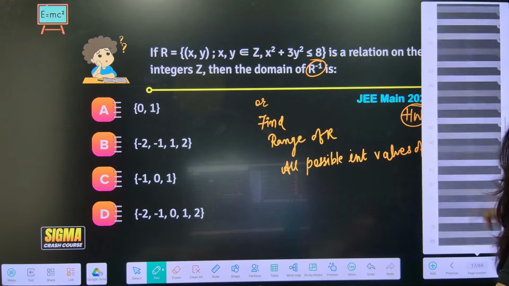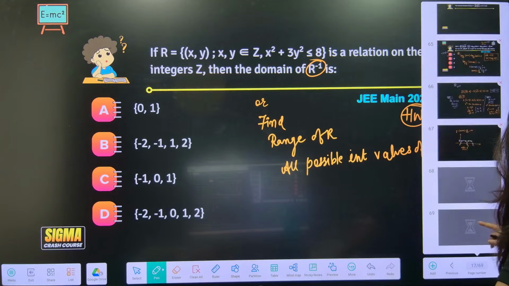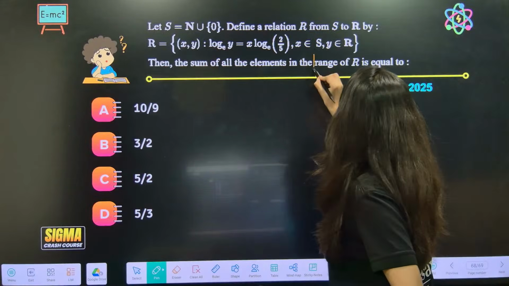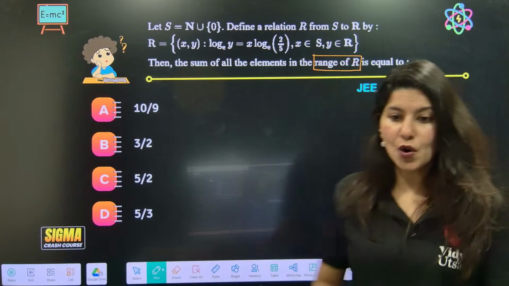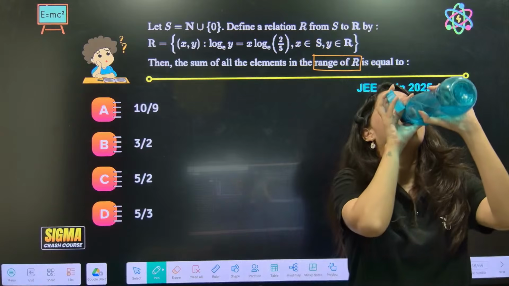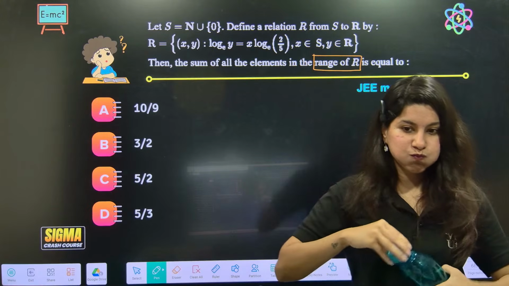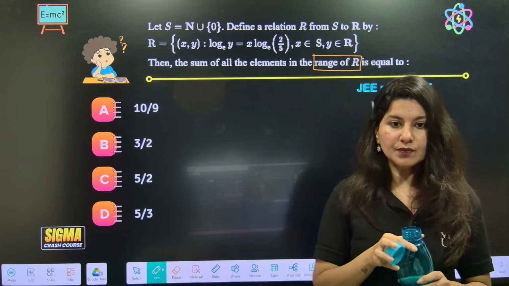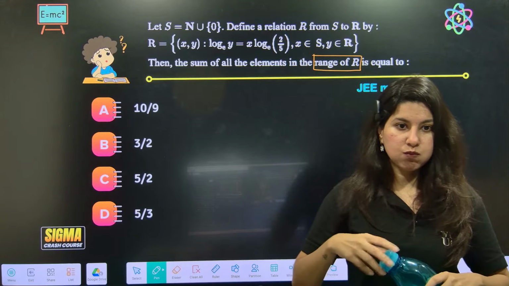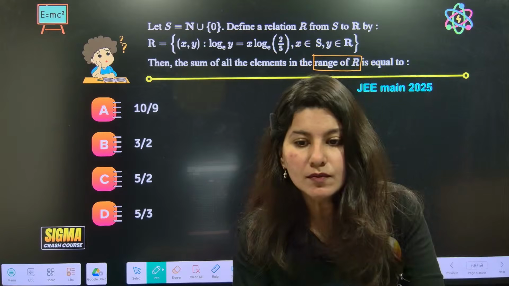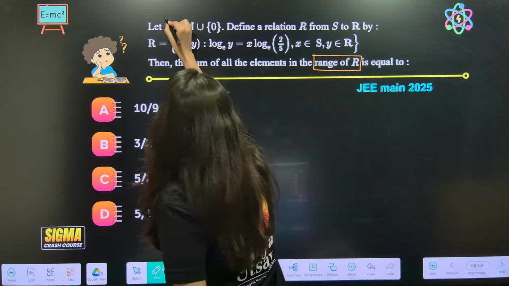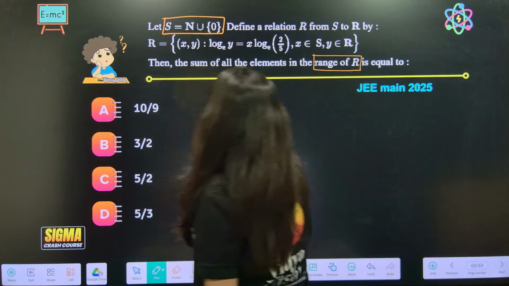Now, one question I would like to take your attention to is this. This JEE Main 2020 PYQ is talking about range of R. First of all, there is a set S, which is natural numbers and 0.